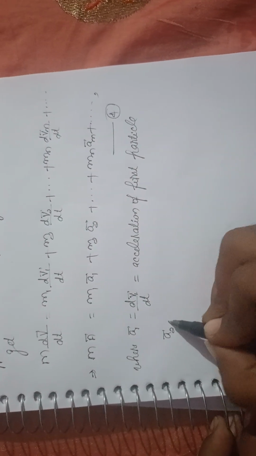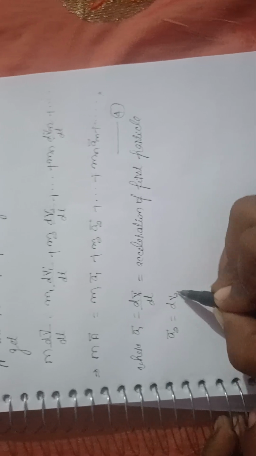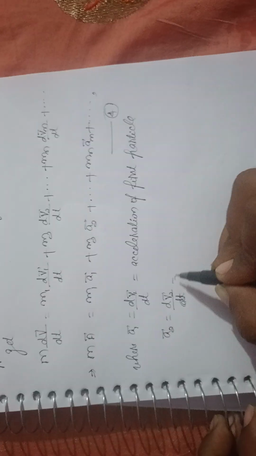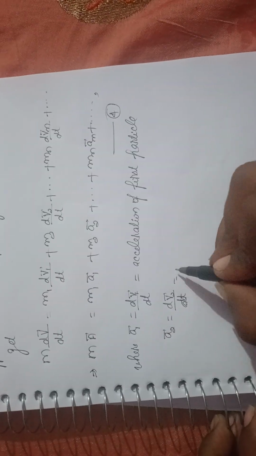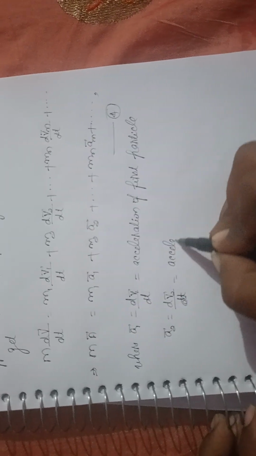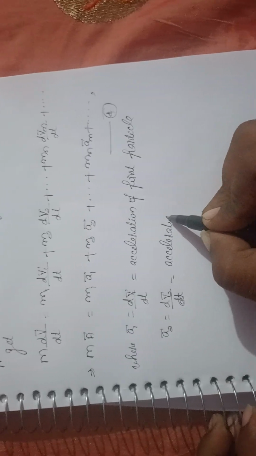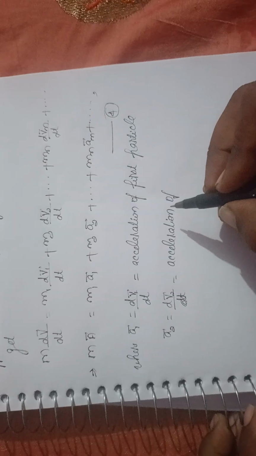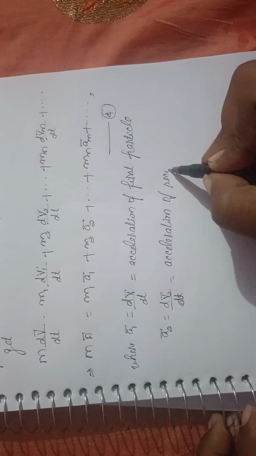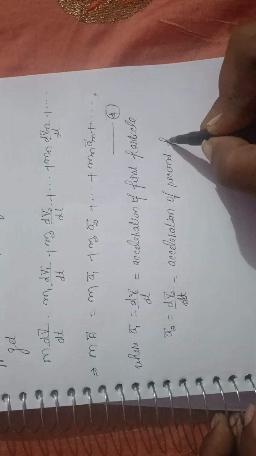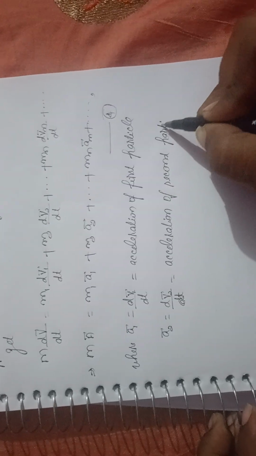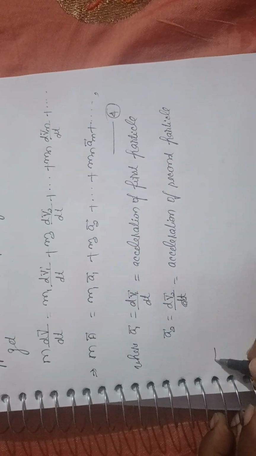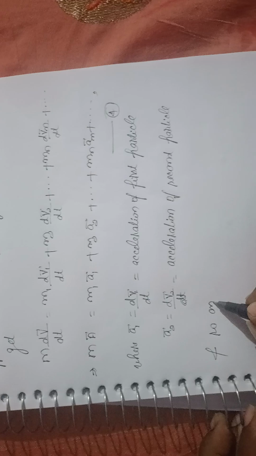Vector a2 is equal to dv2 vector upon dt, acceleration of second particle, and so on.